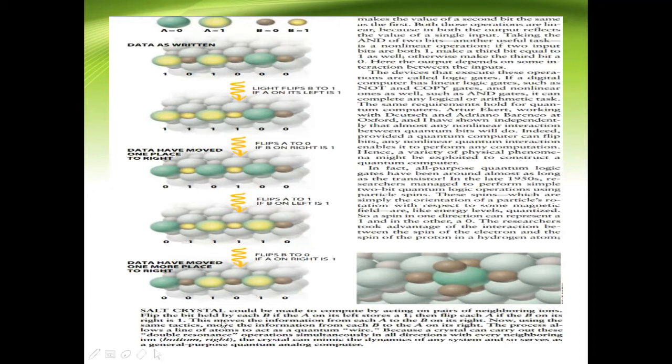So a salt crystal could be made to compute by acting on pairs of neighboring ions. Flip the bit held by each B. If the A on its left stores a 1, then flip each A if the B on its right is 1. Move the information from each B to the A on its right.